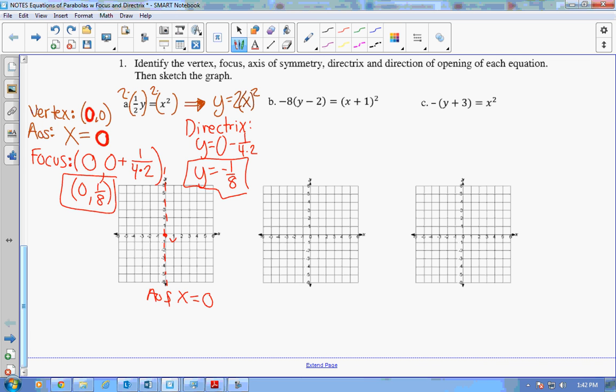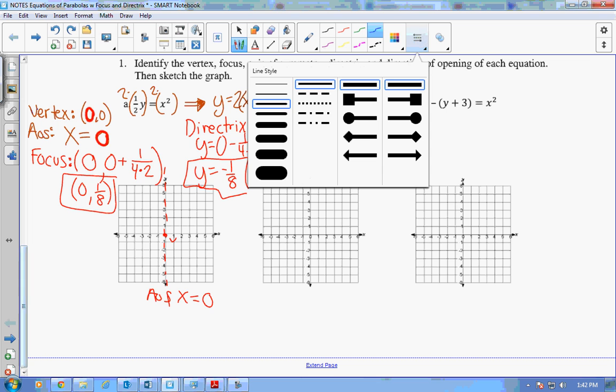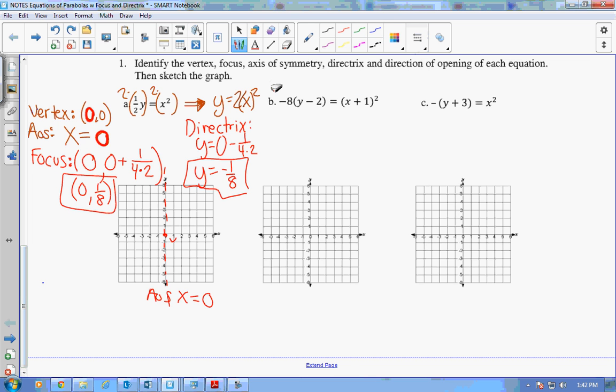Okay, what else can I put on my graph? The focus, we have a point, 0, 1/8. So 0, and then we go up 1/8. It's really close to that. F, that's my focus. My directrix is y equals, that's just slice through the y-axis.